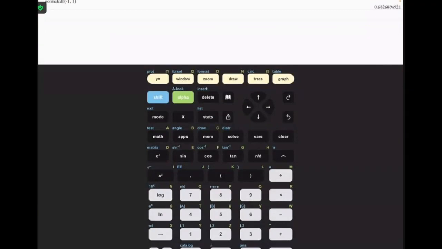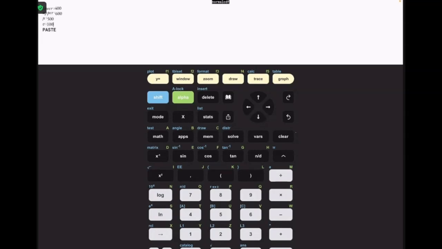This is typically how I want most of you to do it, because the way these online calculators work is like this. Second distribution, normal CDF. I want to find the area between 400 and 600. The mean of my distribution is 500, and the standard deviation of my distribution is 100. That's the same thing that we did.